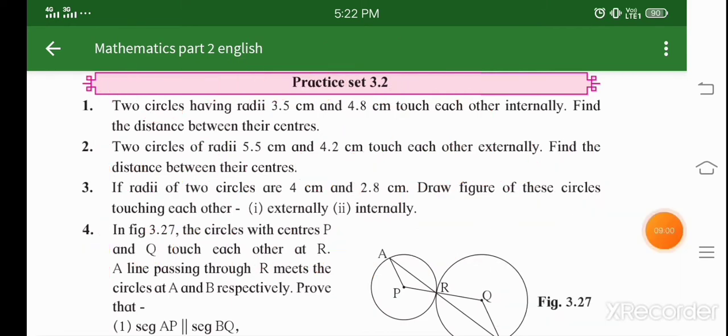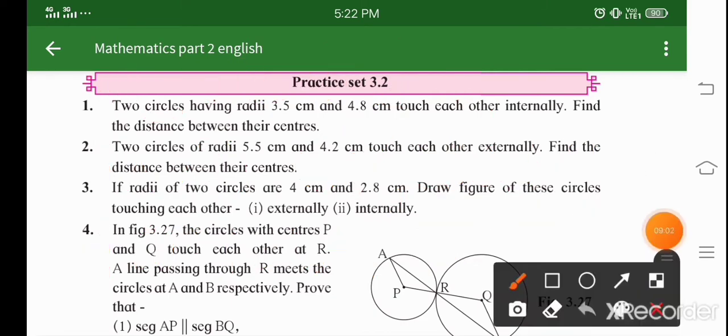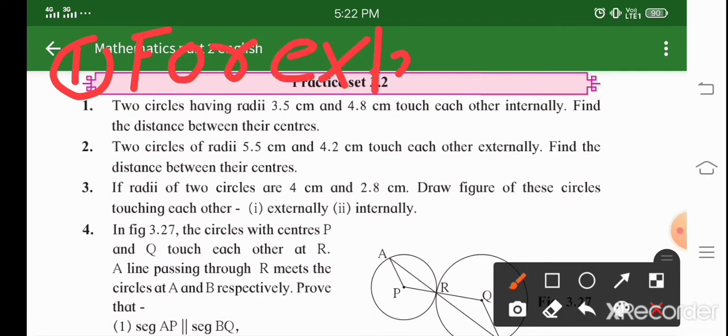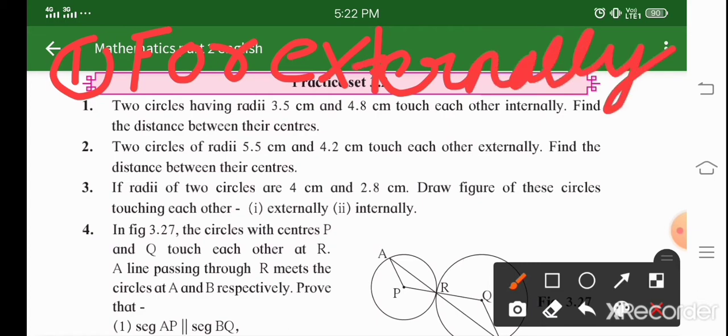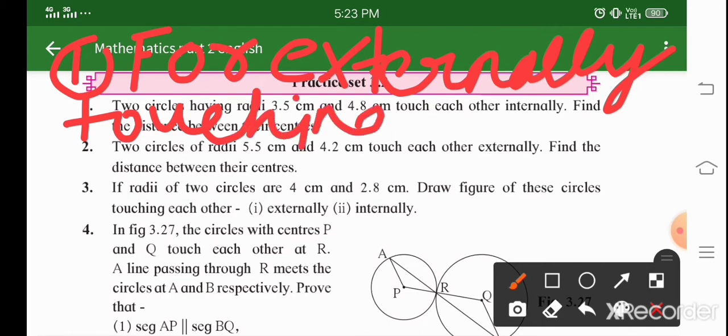So let's move ahead. Now we have to draw the circle figure. I'm just writing over there, for externally touching circle. So first we do it for externally touching circle. How can we draw that? If you know that theorem, you are able to draw that circle also.